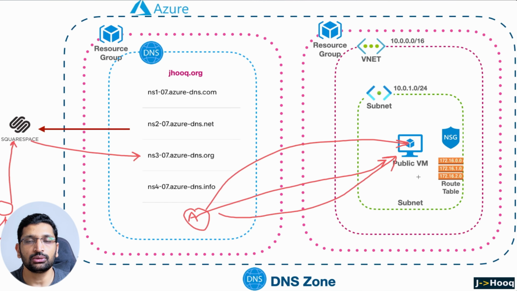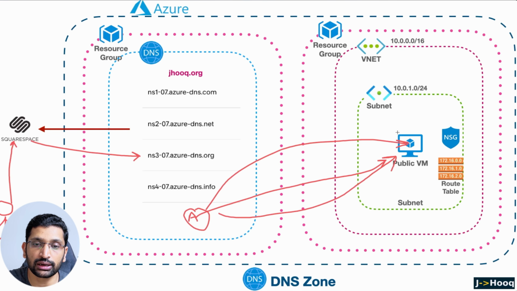In this whole setup, the virtual machine is just one resource, but in Azure cloud there could be multiple resources through which we can redirect this particular request. Instead of a public virtual machine, you can have a Kubernetes cluster as well. This is just an example. Apart from that, you can also configure a load balancer.